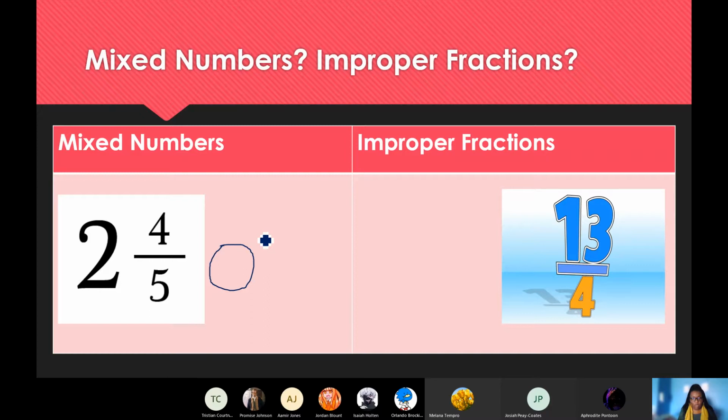I have 2 whole parts, and not a whole third one, but if I divided that into fifths, we would have 4 of the 5 parts shaded in.